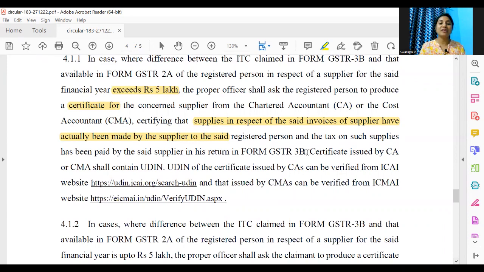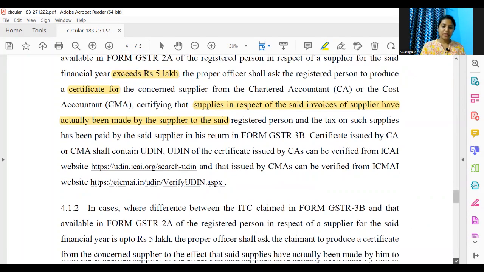The certificate should contain a UDIN also. That also they have clarified.